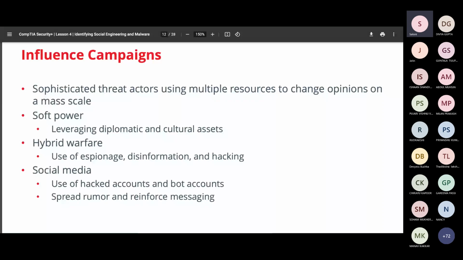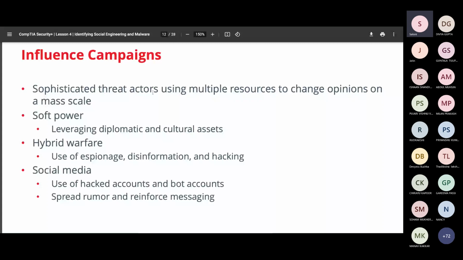So the most high profile influence campaigns that have been detected target election activity. So we all are pretty aware of politics, है ना? But actors may use such campaigns to pursue a number of goals. There could be plenty of goals an attacker might have. With state actors, the concept of soft power refers to some diplomatic cultural asset to achieve an objective. So that is basically leveraging the diplomatic cultural asset. That is the soft power of the campaign.